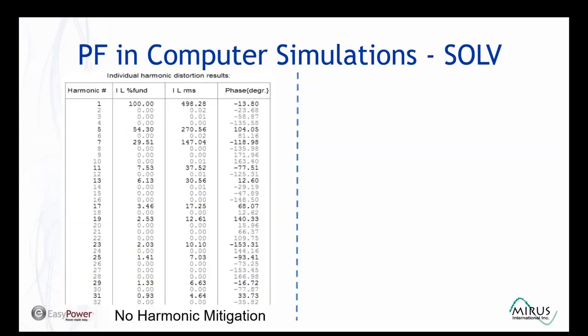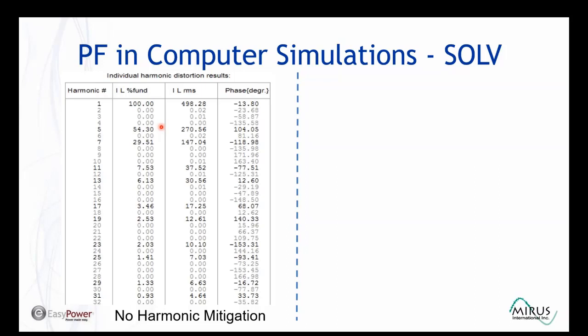So we can quickly and easily see that by removing the harmonics, we're going to restore our power factor to near unity. With the SOLV simulation, we can get full harmonic spectrums for current and voltage at various locations along the one line. This information then can be used for the nonlinear load spectrums required for harmonic simulations using EasyPower. So here we show the analysis done without any harmonic mitigation.